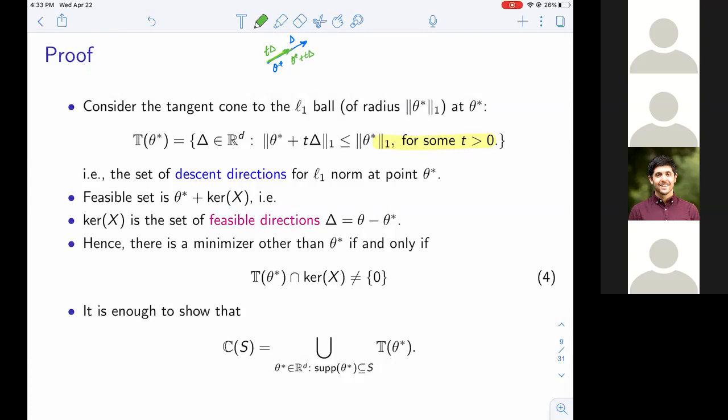So I can descend on the L1 as a function if I move in this direction for a sufficiently small t, right? So these are descent directions for this function.